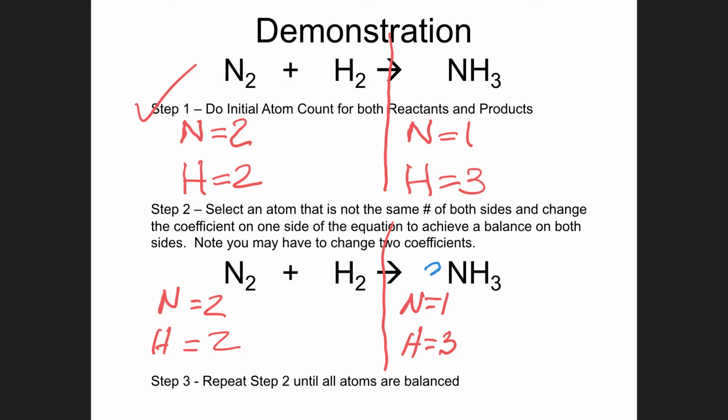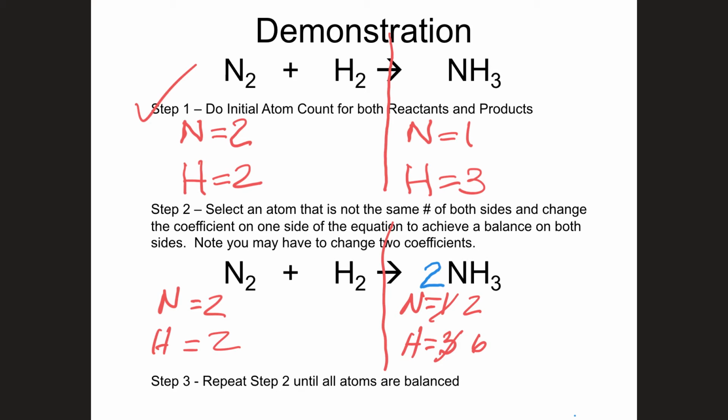So we're going to put a 2 right here, because now it's 2 times N, which is 1. There was 1 in here, so now there are 2 of those. And 2 times 3 is 6 hydrogens. So we're going to change this to 6, and this equals 2.